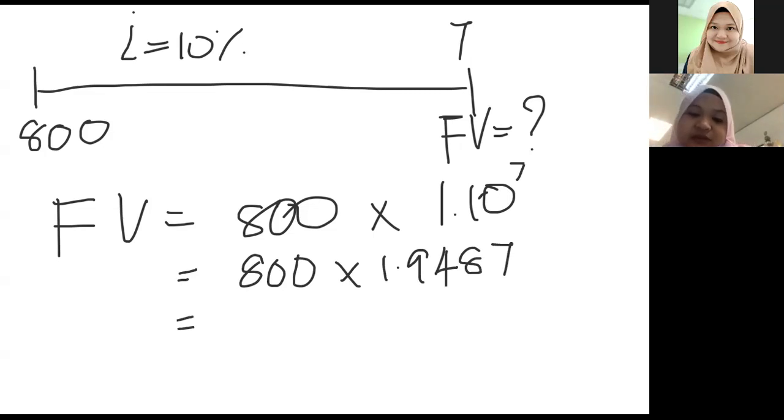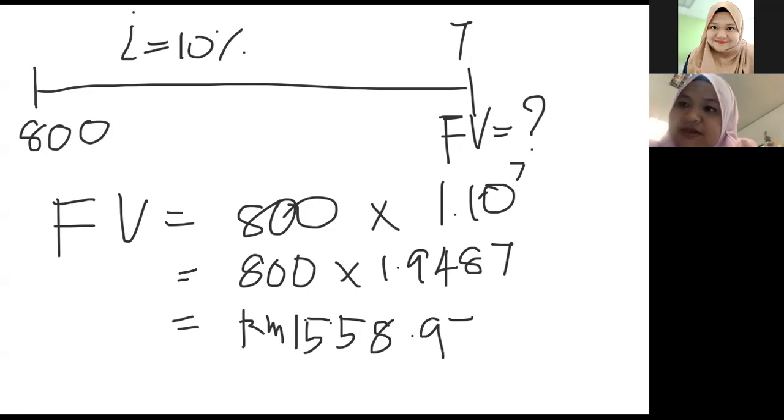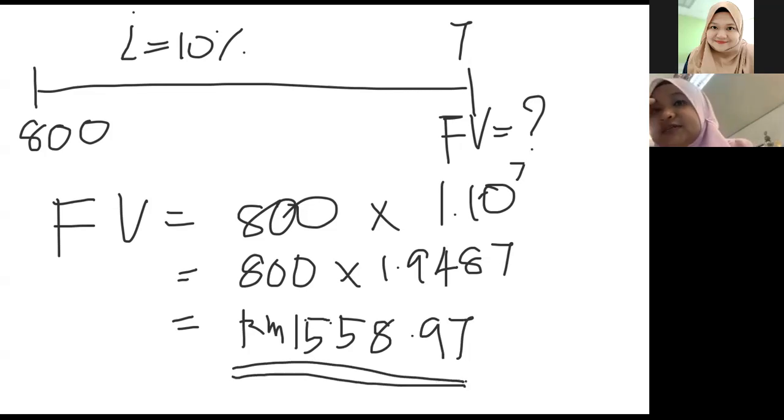Times 800, it is equal to 1,558.97. So in the future, this 800 ringgit will be 1,558.97. This is the amount in 7 years.